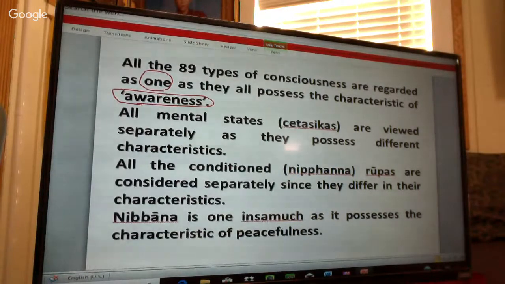And then all manifestors, Cetasikas, are viewed separately as they possess different characteristics, so they count 52. And all the conditioned Rūpa are considered separately because they have different characteristics. And Nibbāna is the one in so much as it possesses the characteristic of peacefulness.